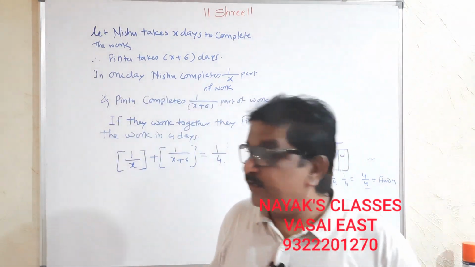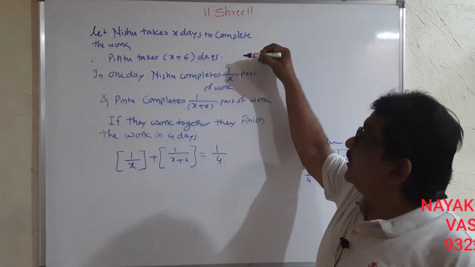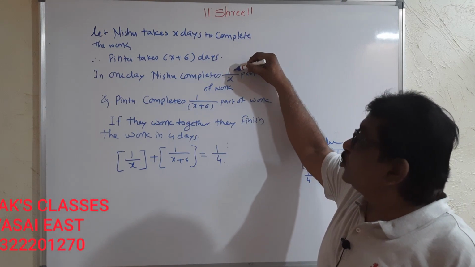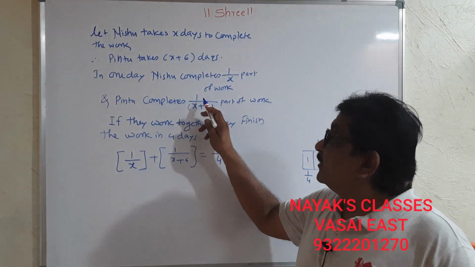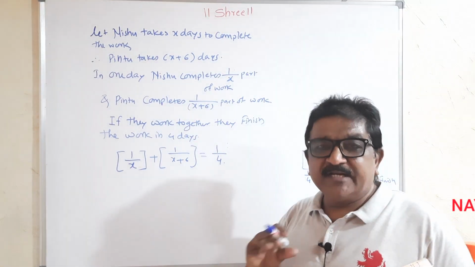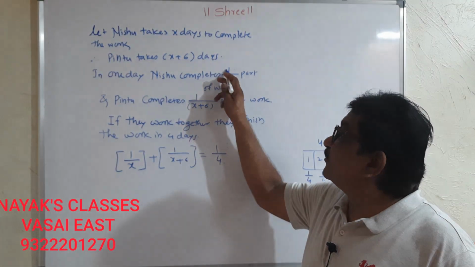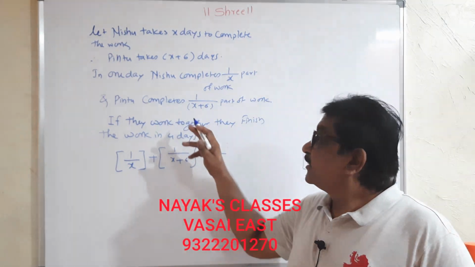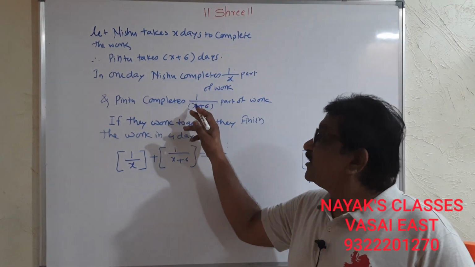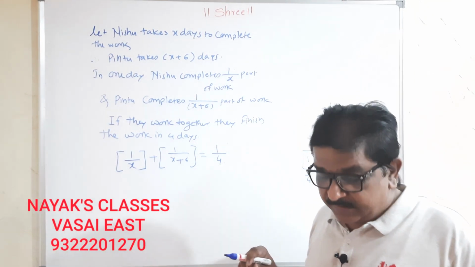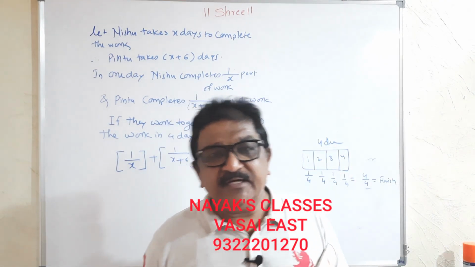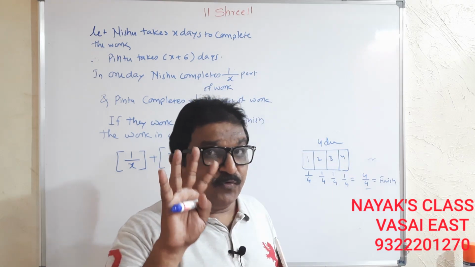You get clear this thing? Nishu finishes 1 upon x part of the work. They are faster or slower, that doesn't matter. Pintu finishes 1 upon x plus 6 part of the work. But when they work together, they finish in 4 days.